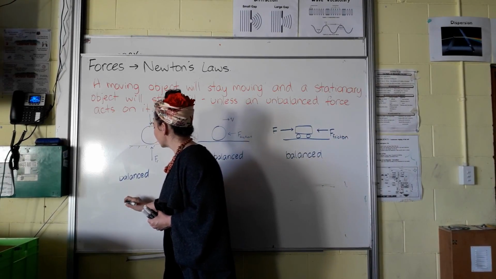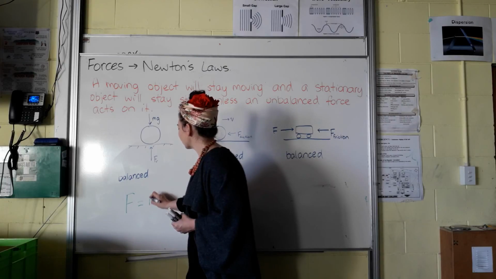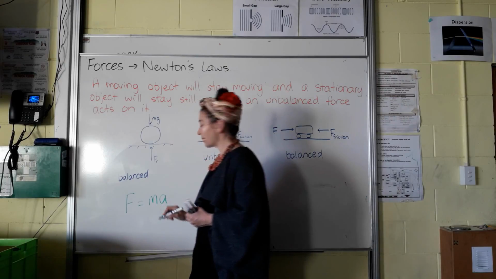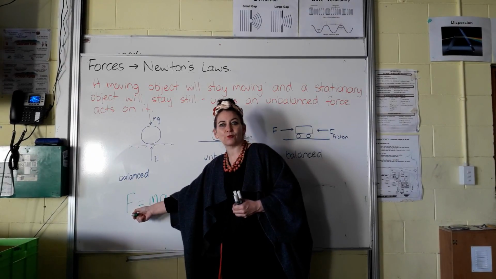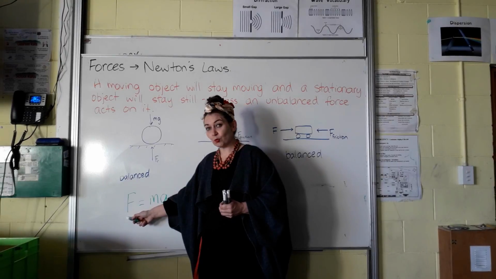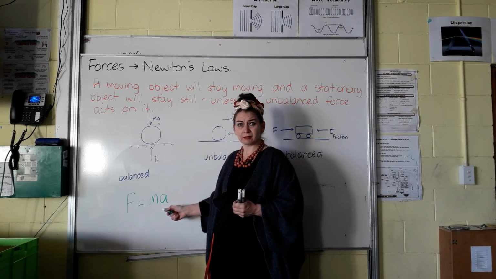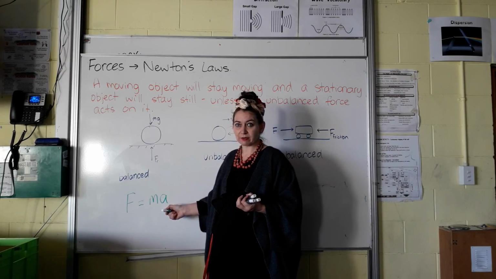So Newton's second law says that the force you apply will give the object some acceleration. How much acceleration it gives it depends on how heavy the object is and how big the force is. If we have a heavy object and we apply a small force, I hope you can see this movement won't change much. There won't be much acceleration.